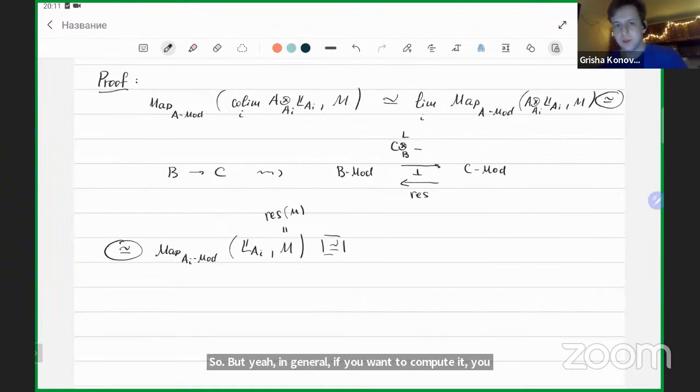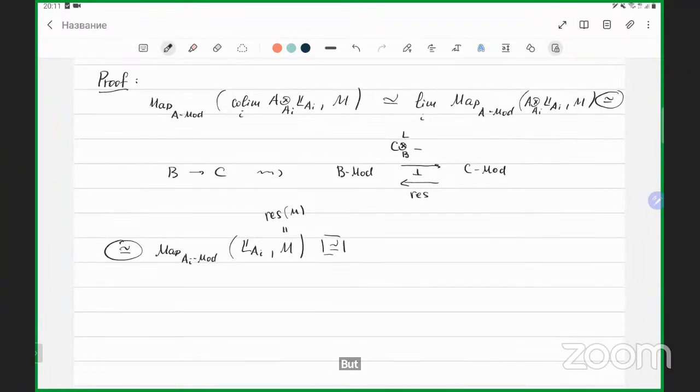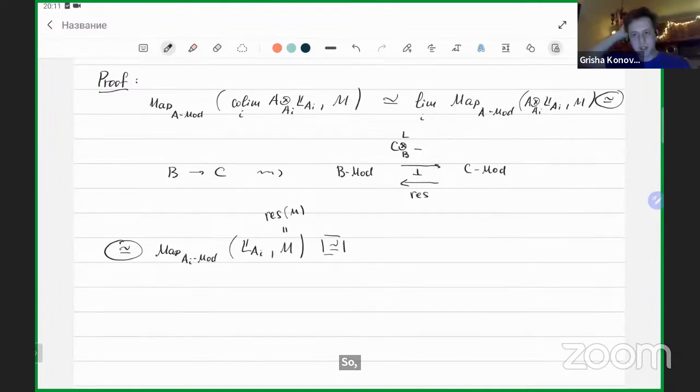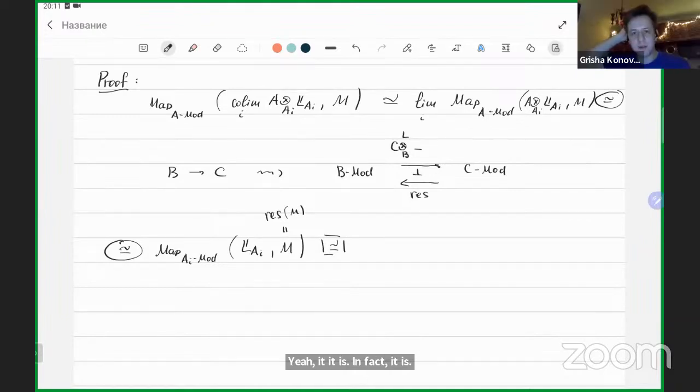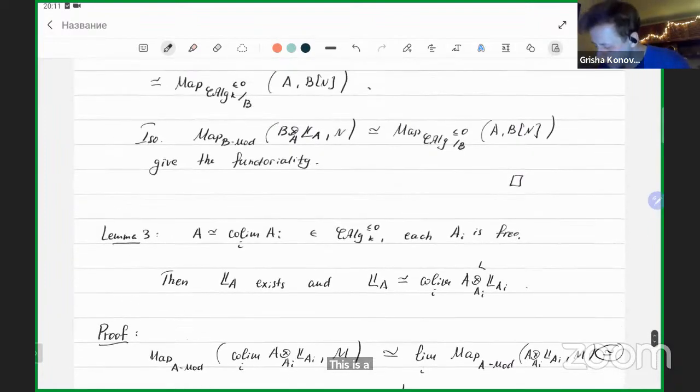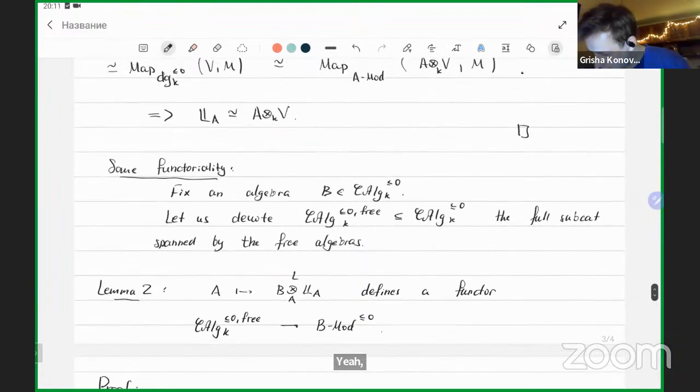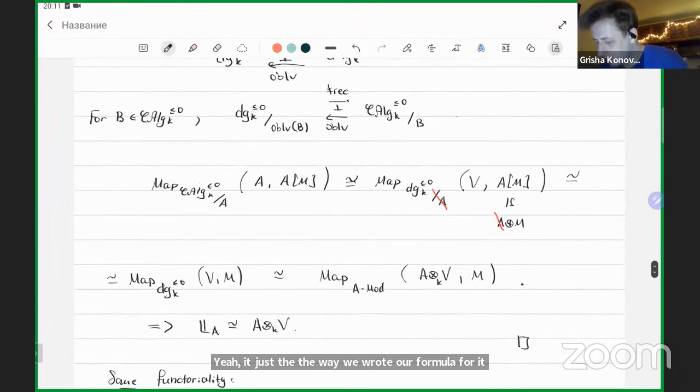But LAI is cofibrant. Yeah, it is. In fact, this is some sort of statement, at least the way we wrote our formula for it right here in the proof of the first lemma. It's a free A-module. Of course, it is covariant.